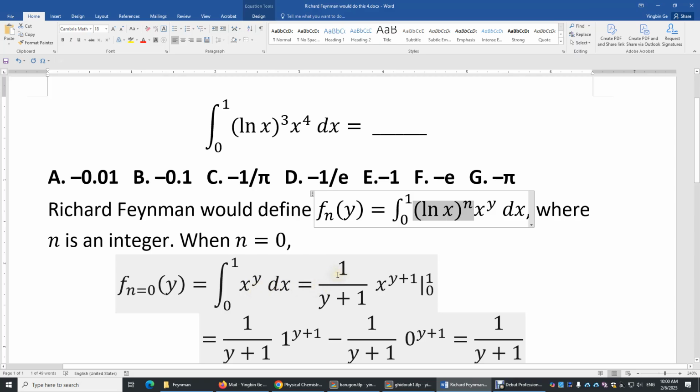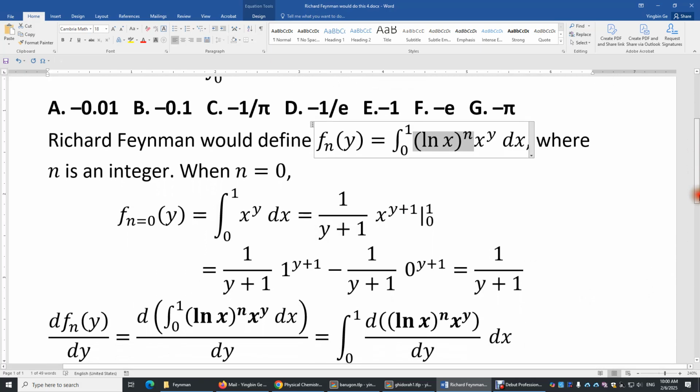The integral is 1 over y plus 1 times x to the power of y plus 1. The lower and upper bounds are 0 and 1. We plug in 0 and 1 into this function to get the expression for f sub n equals 0 of y. It's simply 1 over y plus 1.